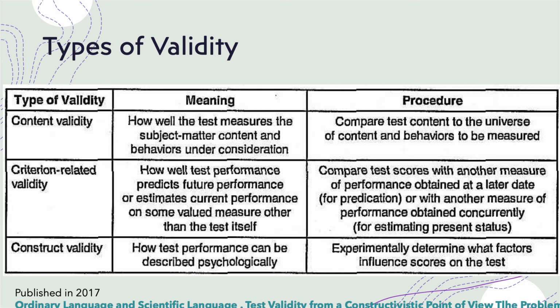And then you have construct validity, and that's how the test performance can be described psychologically. And the procedure is to experimentally determine what factors influence scores on a test. These are the only 3 types of validity for this course I expect you to be able to remember. But again, there are many more.